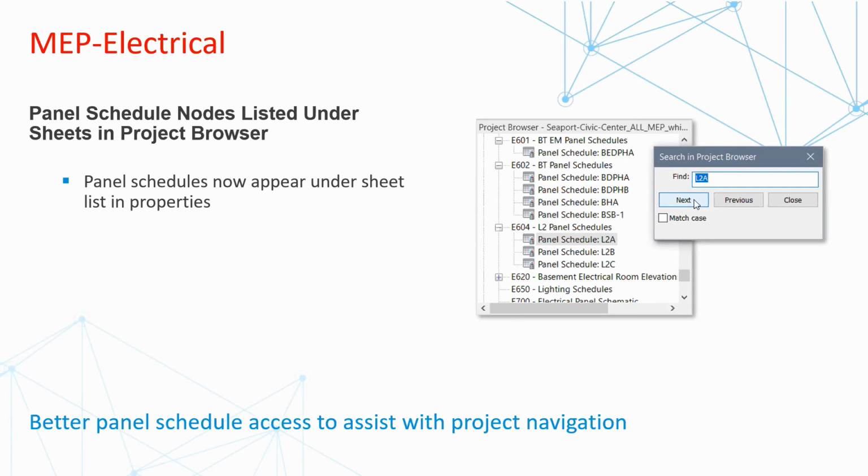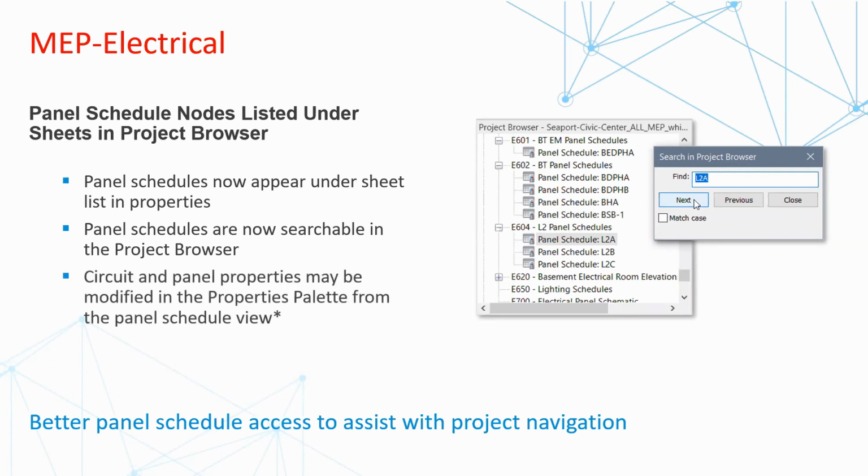So you can always click and go back to that specific schedule and update it. Panel schedules are now searchable in the project browser, and this is a big benefit because it makes life so much simpler and easier just to type in the schedule we are looking for and make it appear. Circuit and panel properties may be modified in the Properties palette from the panel schedule view as well.